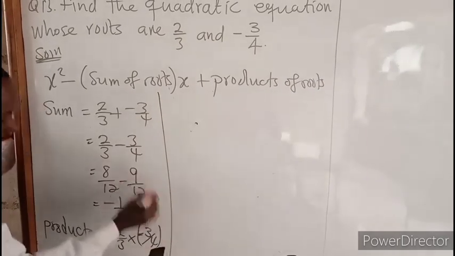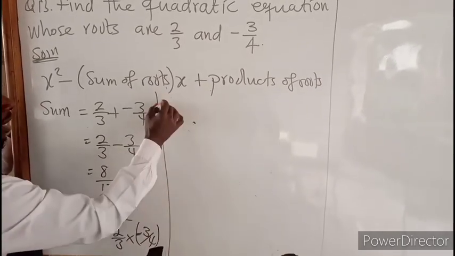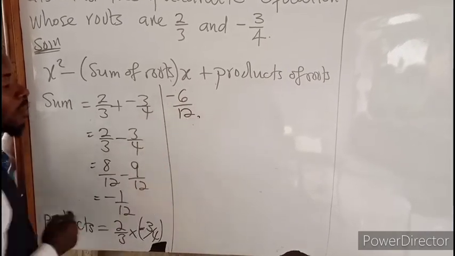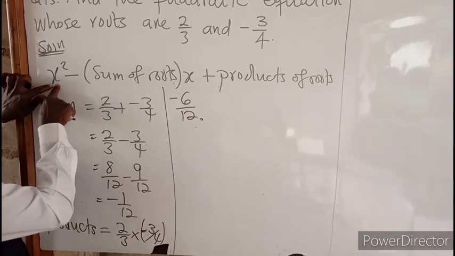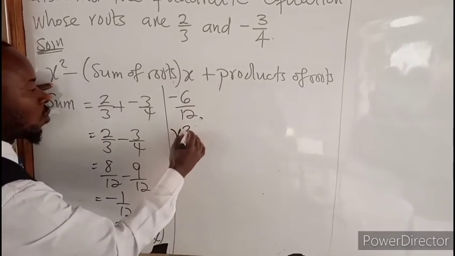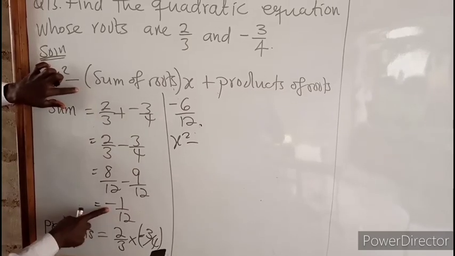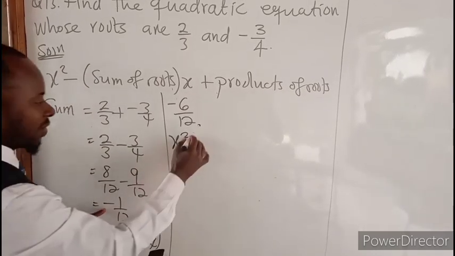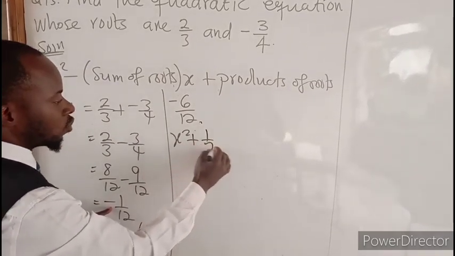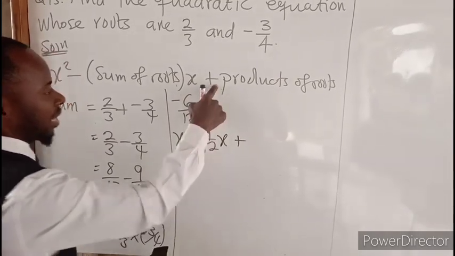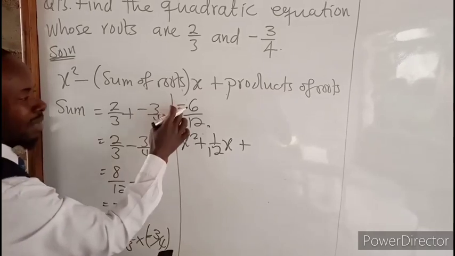So here, I'll be having the product to become negative 6 divided by 12. So our substitution now becomes x squared minus, where is our sum? The sum is having a negative, so it becomes plus 1 out of 12. Don't forget the x is multiplying. Then plus the product, which we are having as negative.